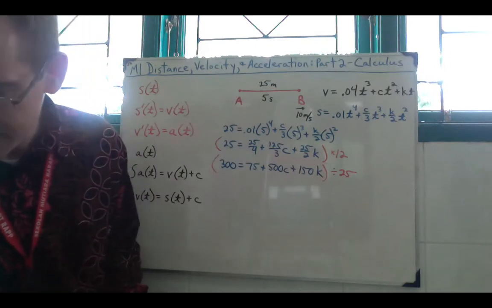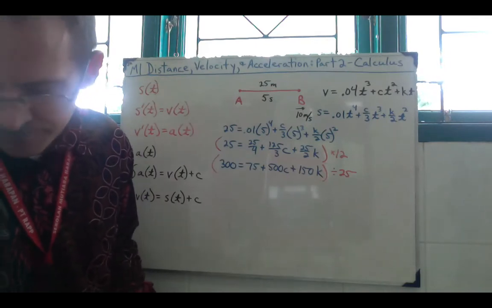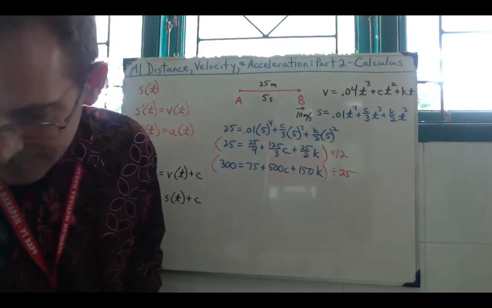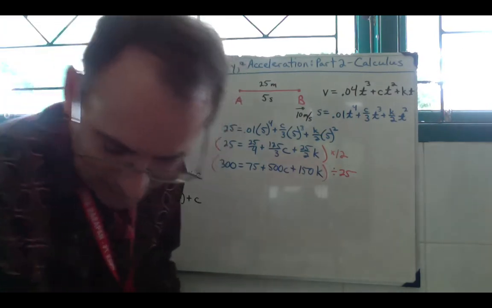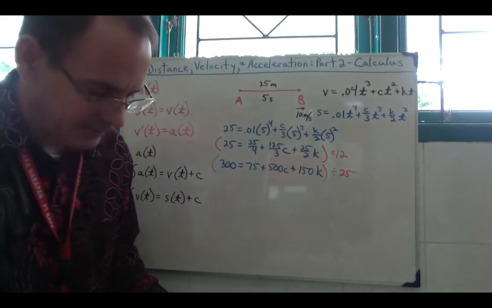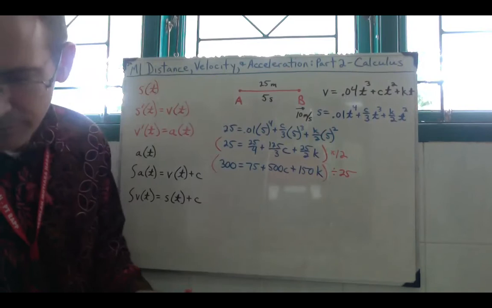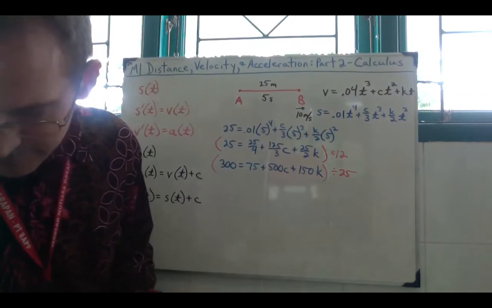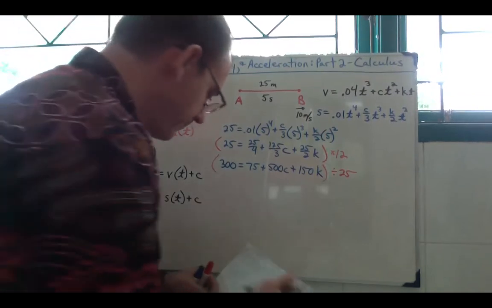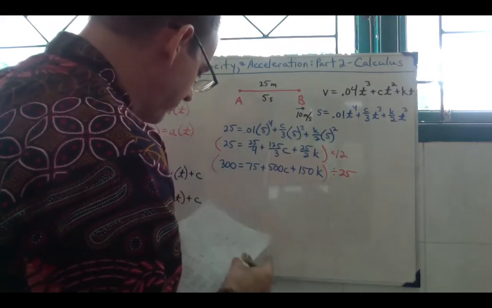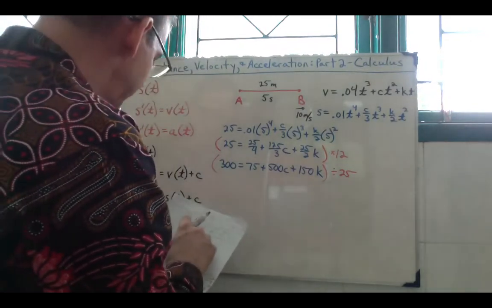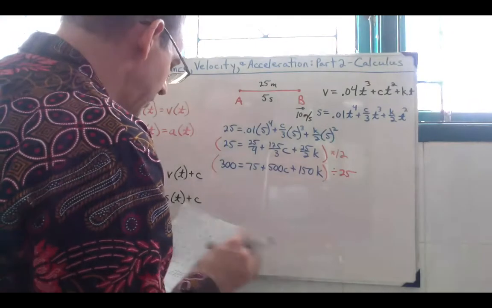And so that's going to bring us down to 300 divided by 12 is equal to 25. So here we have that brings us down to 12.